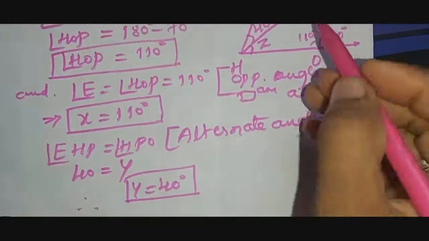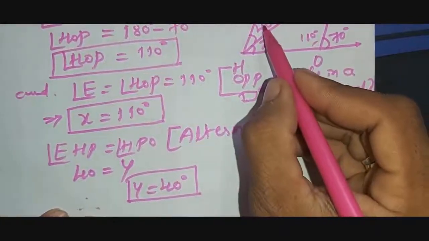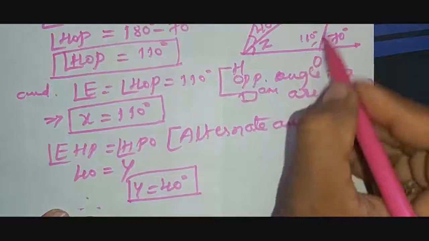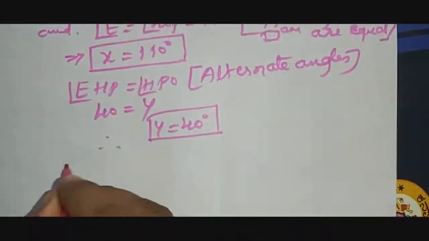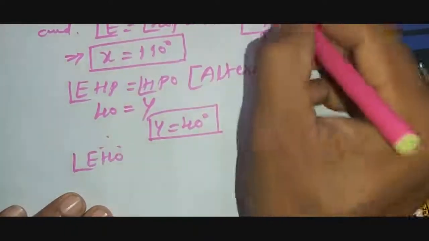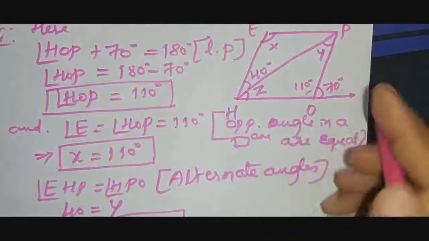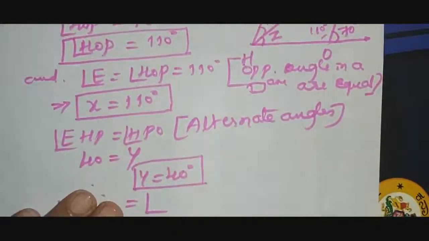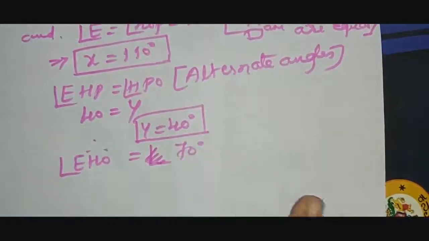Next we need to find out z. Look here, 40 plus z is equal to 70, right? Corresponding angles are equal. That is, angle EHO is equal to angle POQ, I will write here directly 70 degrees.